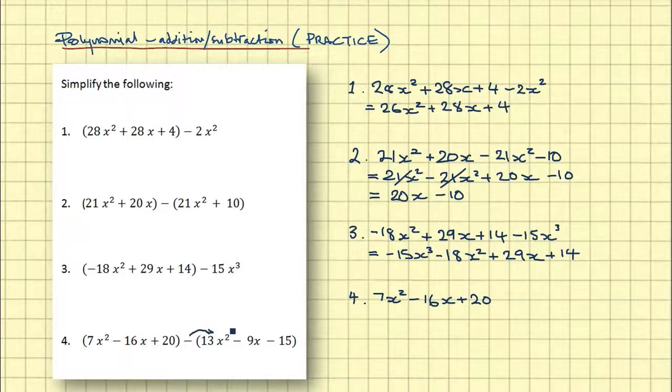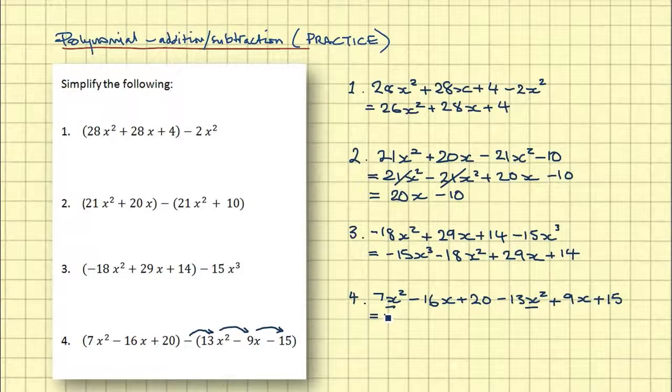So we've got 7x squared, subtract 16x plus 20, and now we're going to distribute that negative 1 right across throughout the trinomial there, so we end up just reversing the signs. So we've got negative 13x squared, or subtract 13x squared. We've now got a negative times a negative, so that becomes a positive, plus 9x, and a negative times a negative again, so plus 15.